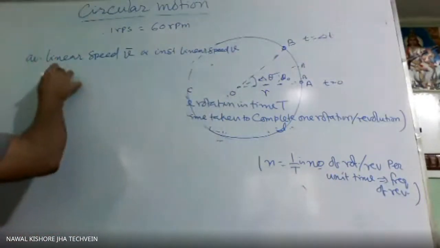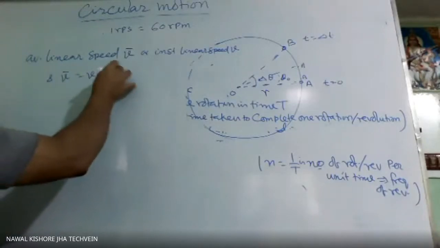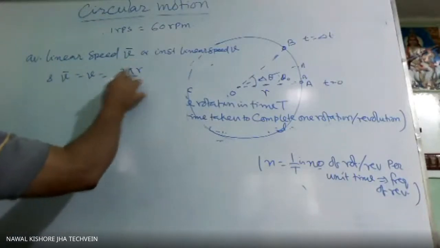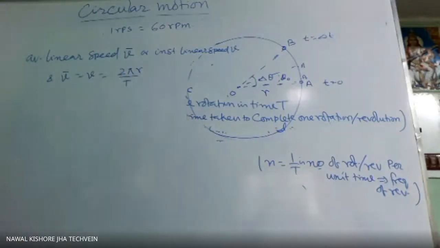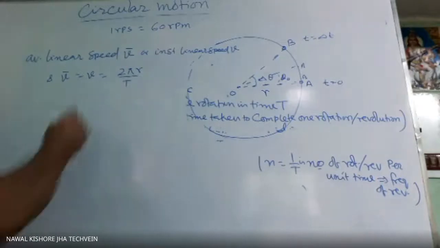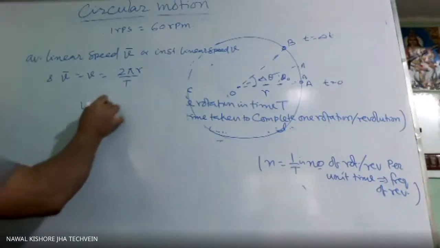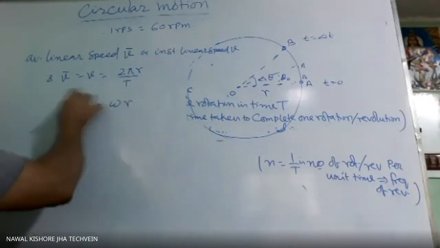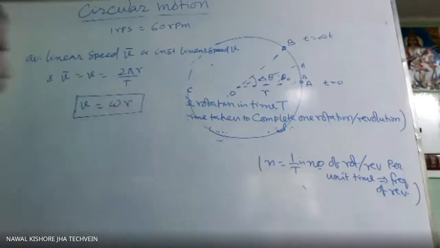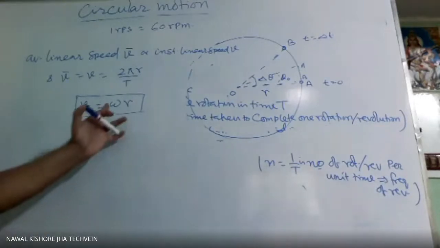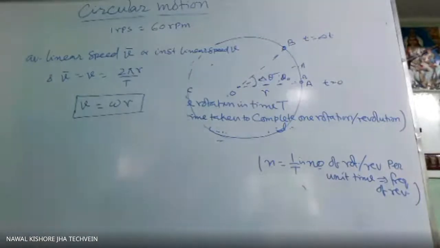And this V bar or V will be equal to 2 pi r over T. 2 pi by T, just now we have got omega. So this V is omega r. So linear velocity is given by angular speed into radius.